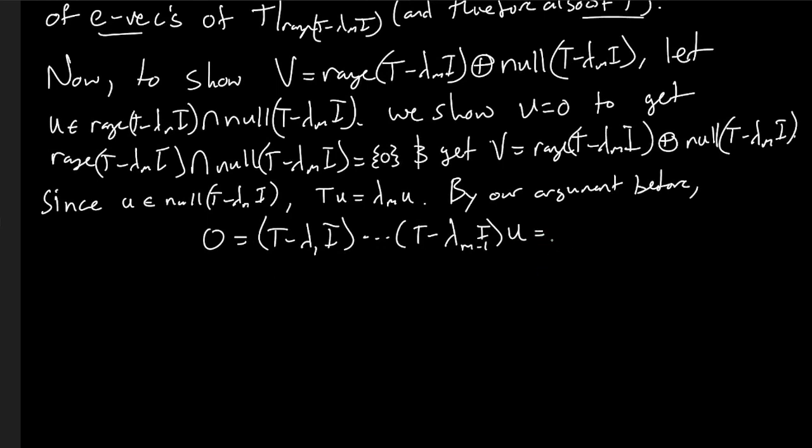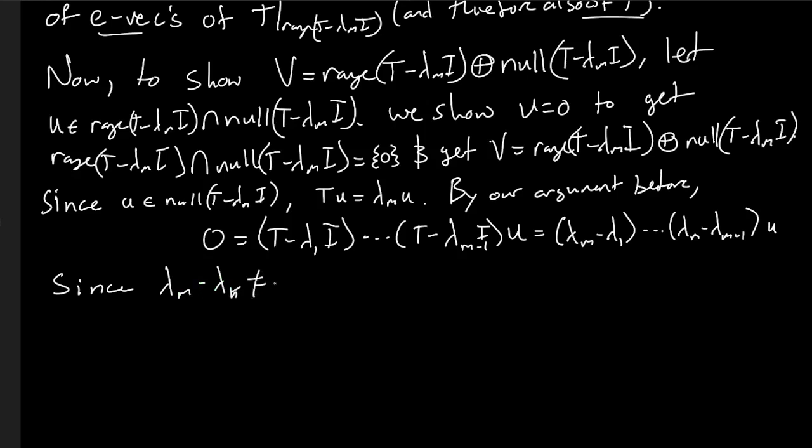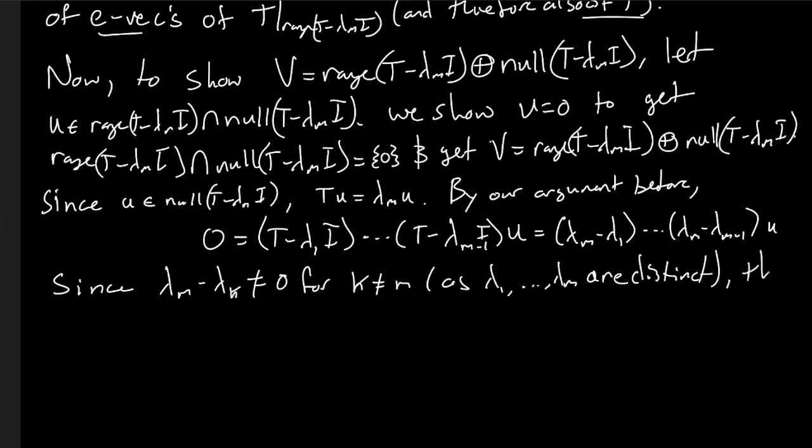Do each piece. This says (lambda_m minus lambda_1) product all the way down through (lambda_m minus lambda_{m-1})u is equal to 0. Since lambda_m minus lambda_k is not equal to 0 for k not equal to m, as lambda_1 through lambda_m are distinct, this means u is equal to 0.